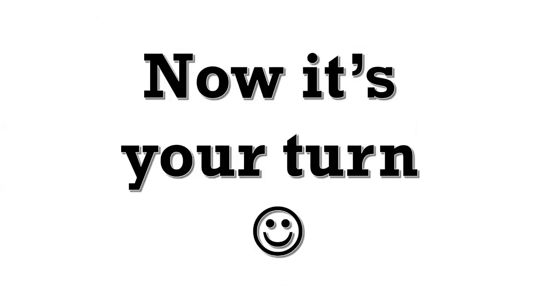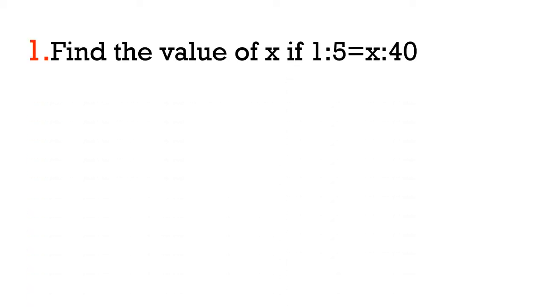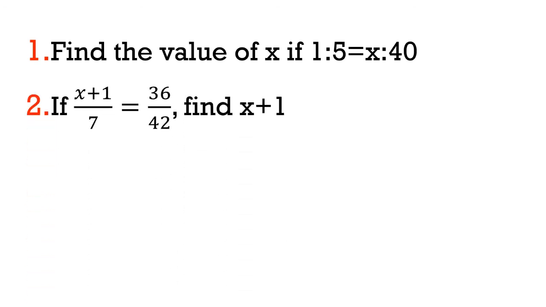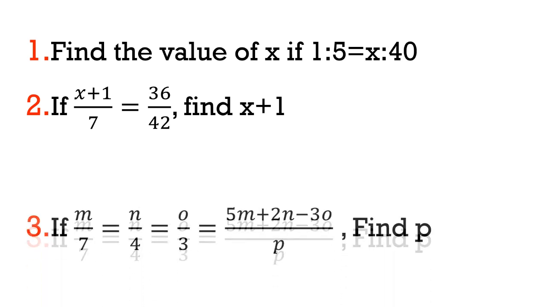Now it's your turn. Tignan naman natin kung natutunan nyo ba itong topic natin for today. Number 1, find the value of x if 1 is to 5 as x is to 40. Number 2, if x plus 1 over 7 is equal to 36 over 42, find x plus 1.